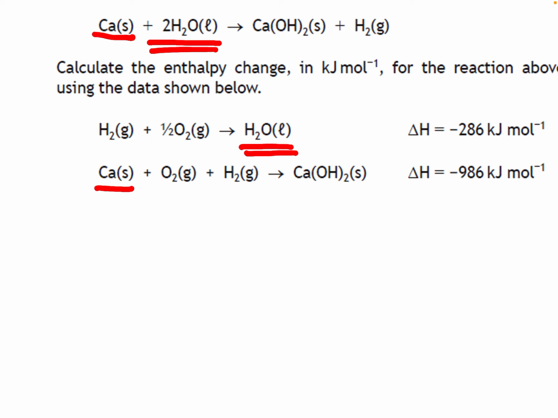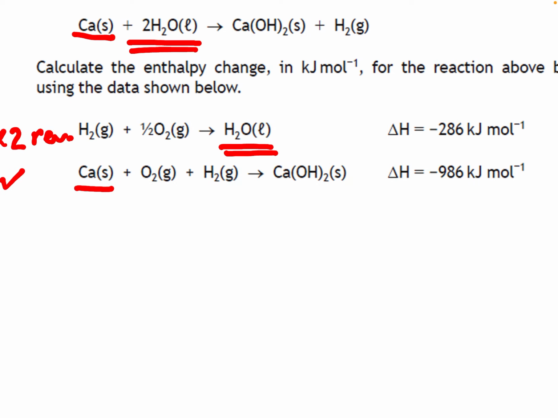In the target equation, it's got 2 waters, but this has only got 1, so we have to times this by 2, but also notice that that water's on the wrong side, so we're going to have to reverse that as well. So we're going to have to times 2 and reverse it. And remember, that changes the sign for the enthalpy. This one, calcium, is on the right side, so we don't actually have to do anything to this, so that's okay.